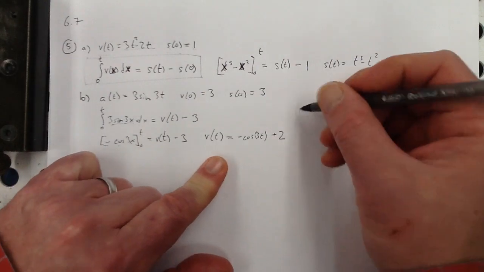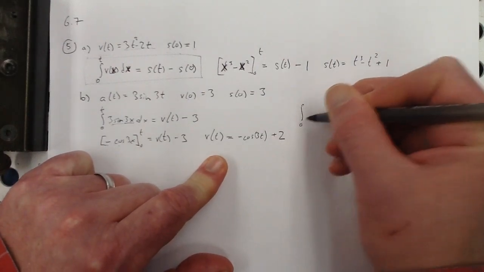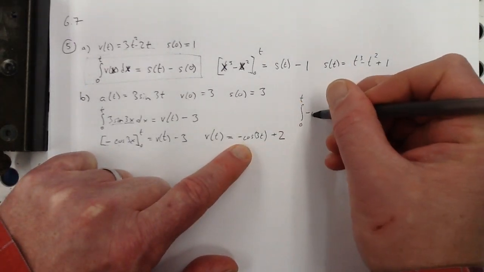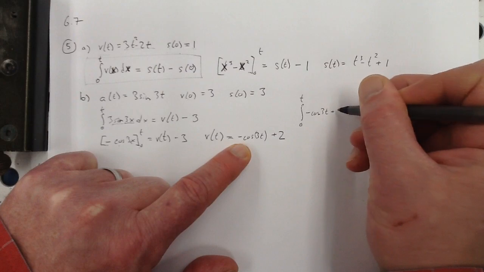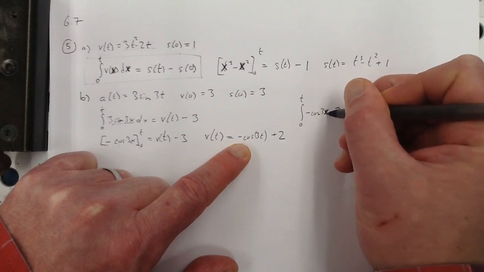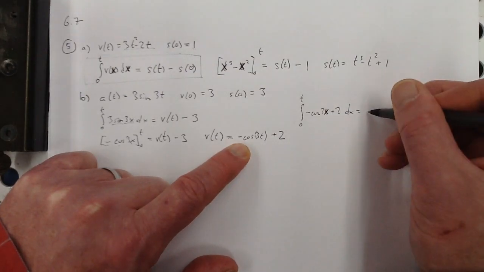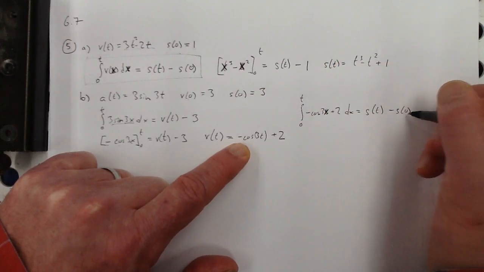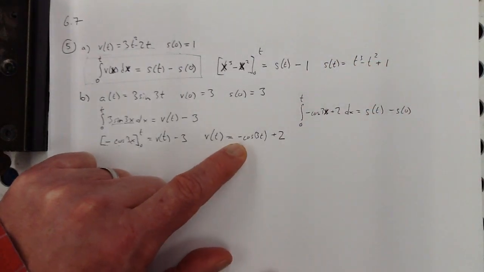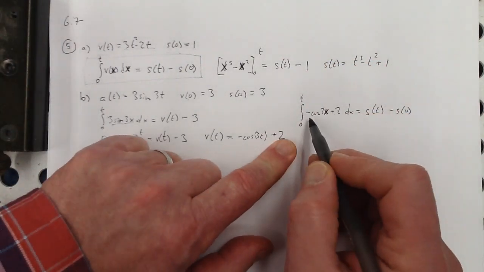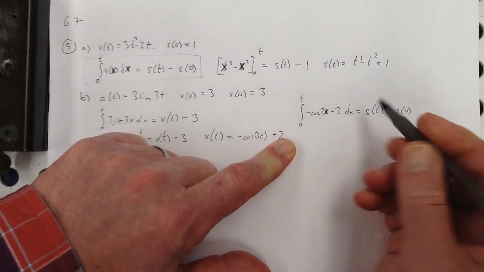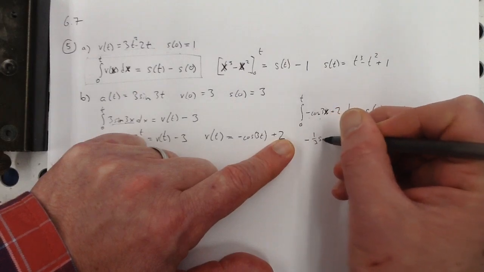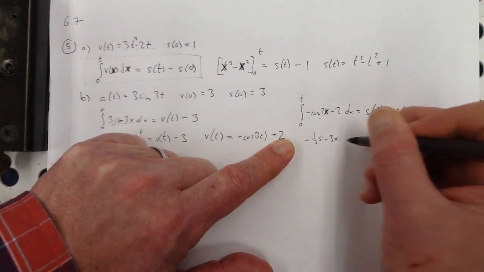And then I know that the integral from 0 to t of the velocity function, which is negative cosine 3t, oops, should have done an x there, dx is equal to position at that minus that, right? Fundamental theorem again. Antiderivative of negative cosine is negative sine. And then I've got to divide by that 3 again, so negative 1/3 sine 3x.